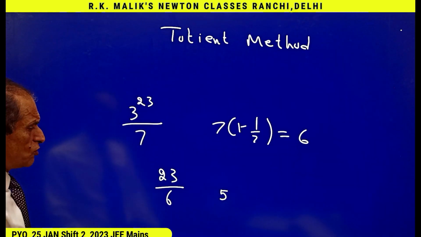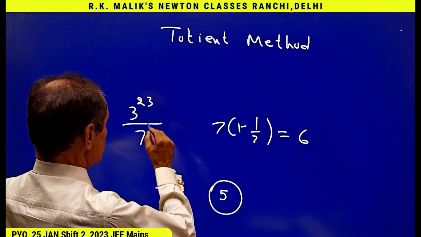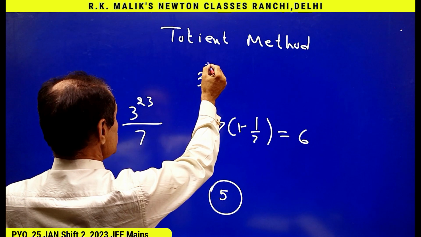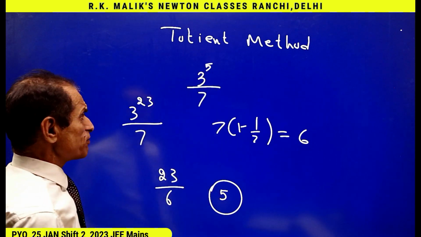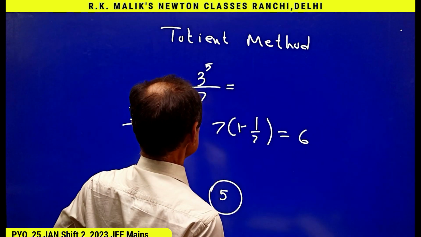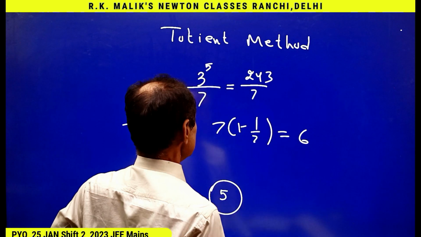Hence, looking at this remainder, we can say the remainder of this will be the same as the remainder when 3 to the power 5 is divided by 7. That is, it is equal to 243 by 7.